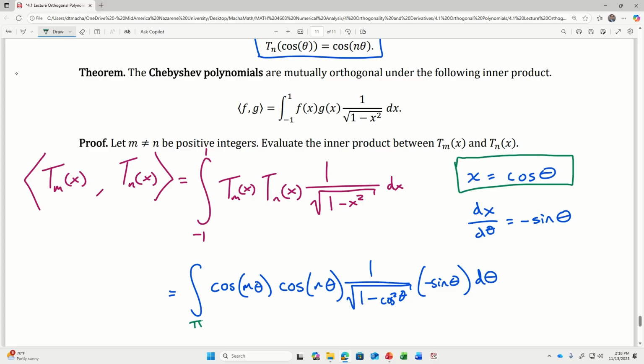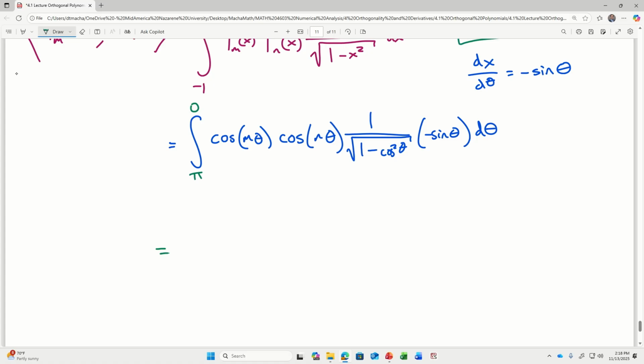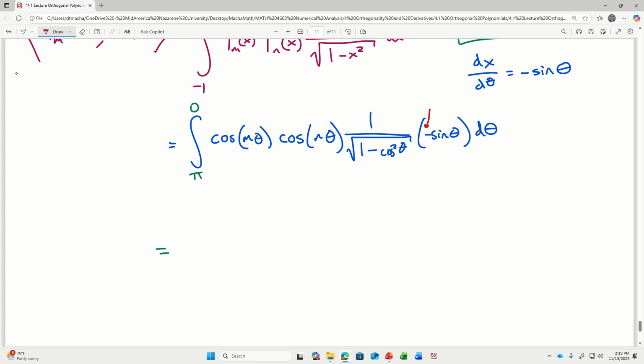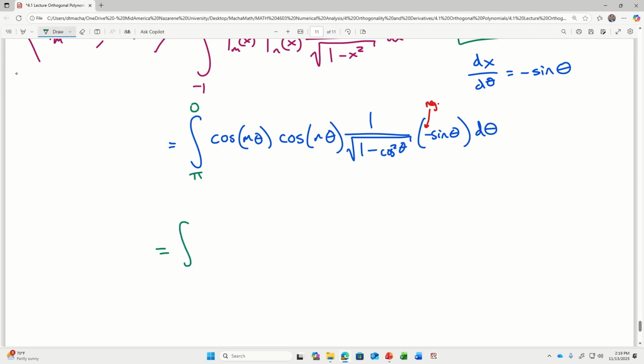And then what theta is going to make cosine of theta equal to +1? 0. So those are my new bounds. And now you remember, I think last time we used this little negative sign here to swap the order of the bounds. So I can make that 0 to pi if I take away that negative sign.